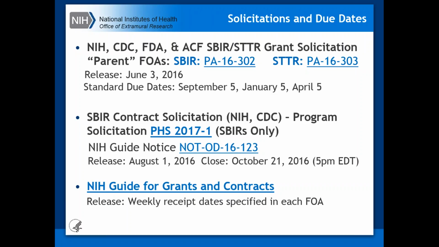We will be releasing the new one in June of this year, for September 5th, January 5th, and April 5th of the following years. But under the 2016 solicitation, there's still an April 5th application due date. So those are the ones you would be applying under this Omnibus solicitation or parent FOA.